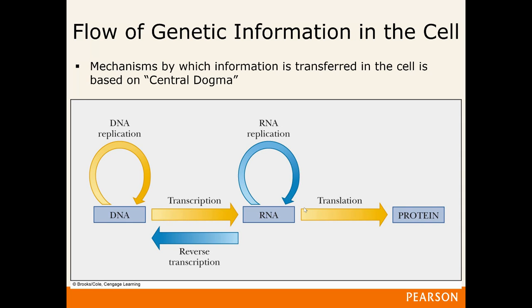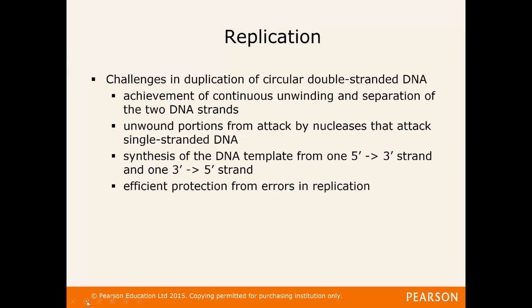So our class has focused so much on protein that it would be odd not to mention how proteins are made. Okay, so before we do that, we're going to talk about DNA replication.